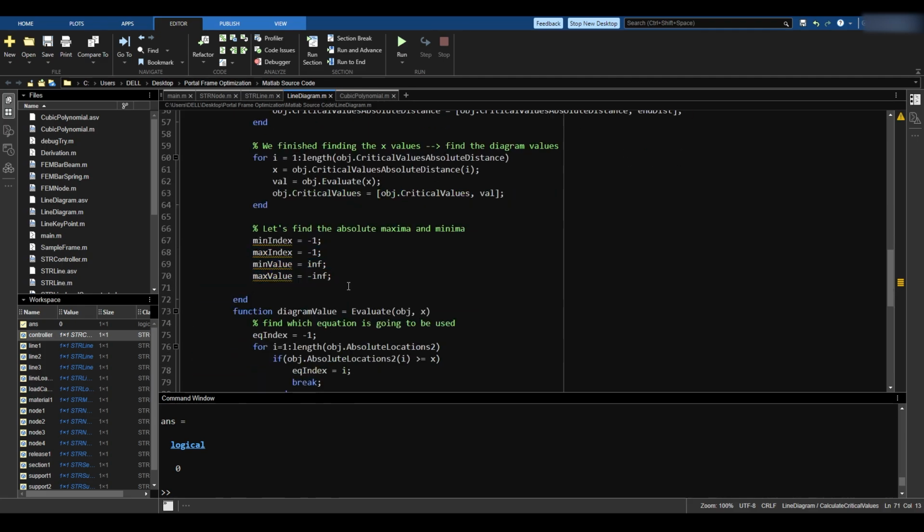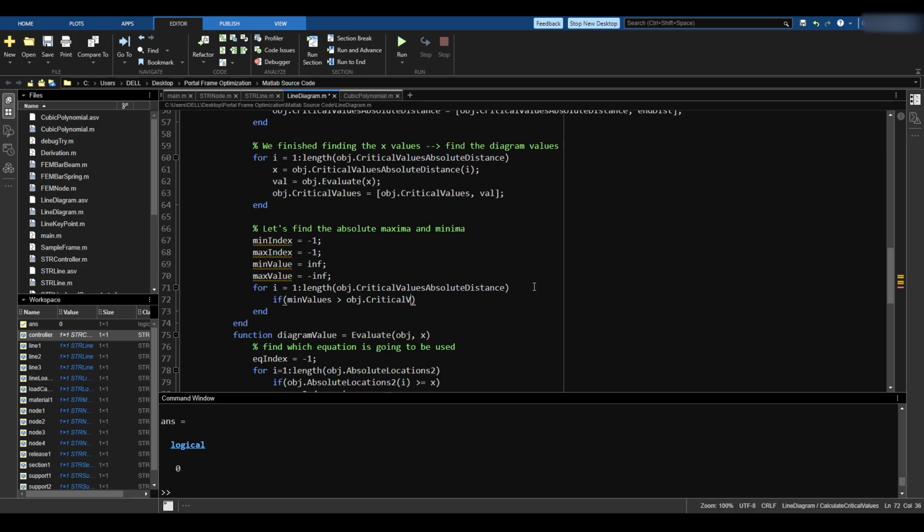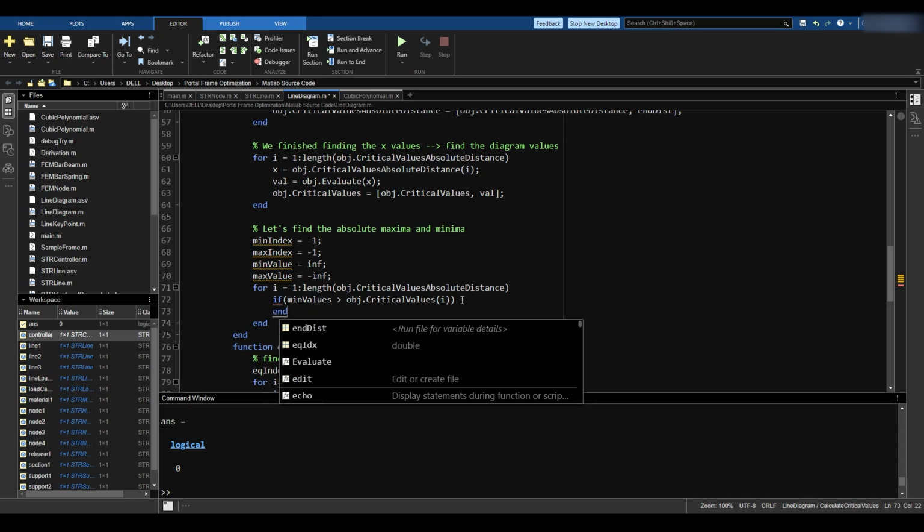Now I'm going to cycle through the values. So for I equals from 1 all the way to the length of object.critical values absolute distance. Now here we need to check and ask a question. If the minimum value is more than object.critical values at I, so if this is less than this, then replace. And how do we replace here?